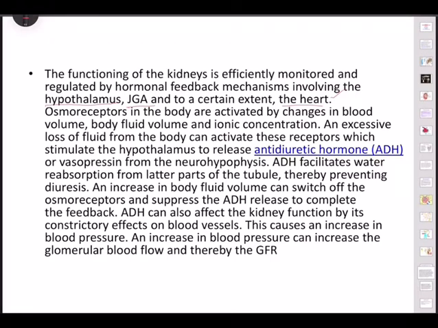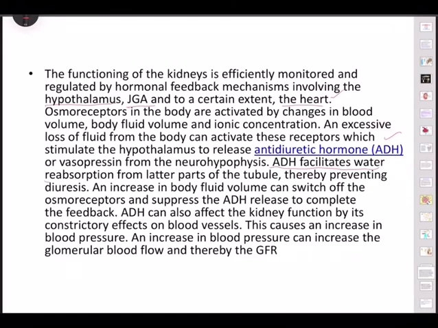Osmoreceptors in the body are activated by changes in blood volume, body fluid volume, and ionic concentration. An excessive loss of fluid from the body can activate these receptors, which stimulate the hypothalamus to release ADH, antidiuretic hormone, or it is also called vasopressin, from the neurohypophysis.